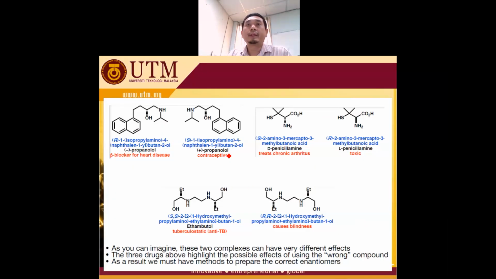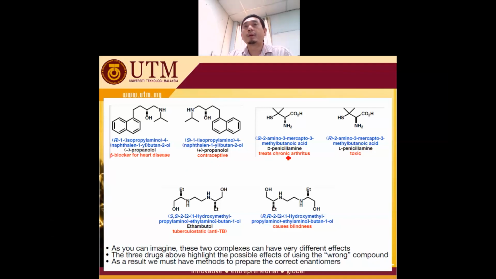If you study these compounds, these are isomers, a pair of isomers using the RS system. For example, propranolol. This is R-propranolol, used as a beta blocker for heart disease. But S-propranolol is an isomer used for a different purpose, as a contraceptive.